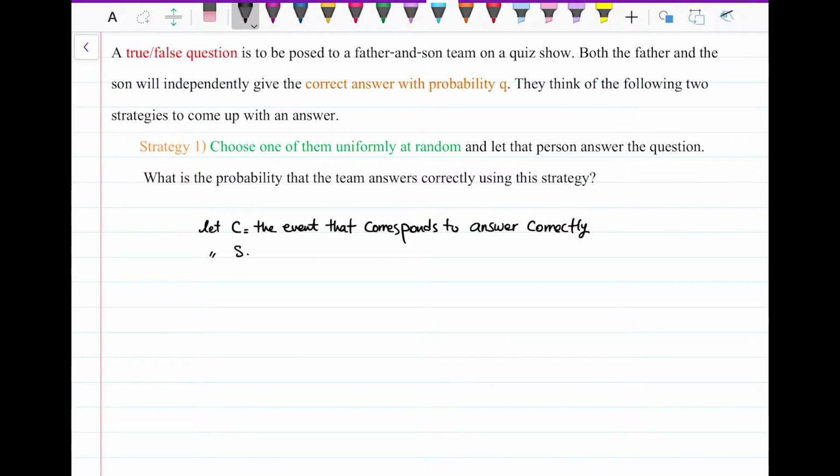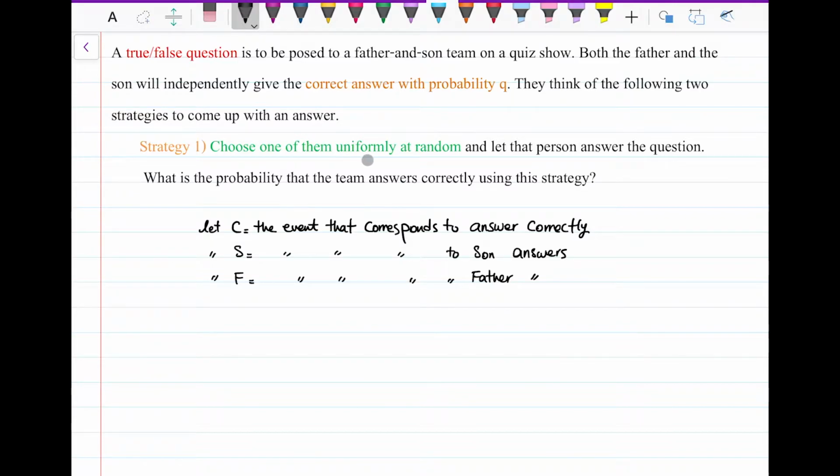Let S be the event that corresponds to the son answers, and let F be the event that corresponds to the father answers. Okay, so what do we know?